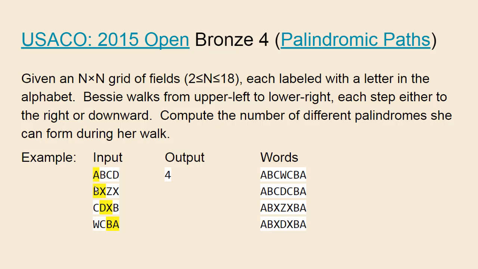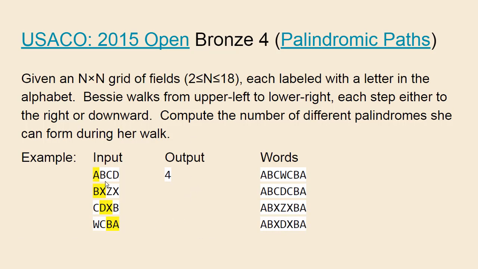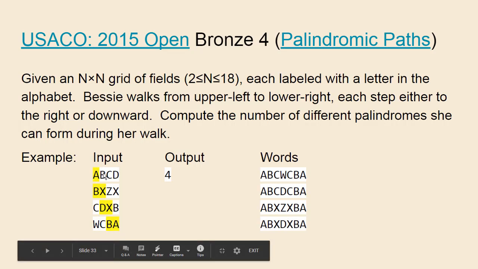So the yellow highlighted path illustrates one path that results in a palindrome. The string that results here is ABXDXBA. For this test input, the output is 4, because there are 4 different palindromic words that can be formed by walking from the top left corner to the bottom right.